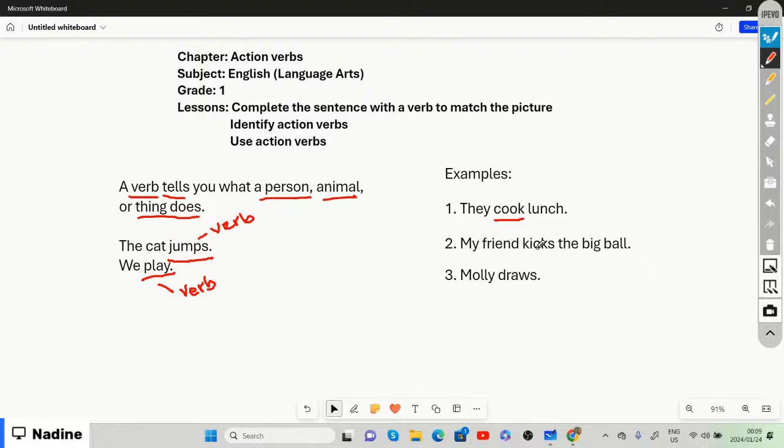My friend kicks the big ball. If we identify the verb within that sentence, we can say it is kicks, because it tells you what the friend did. And then Molly draws.